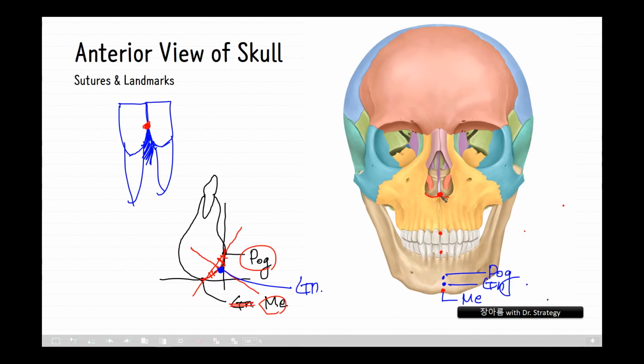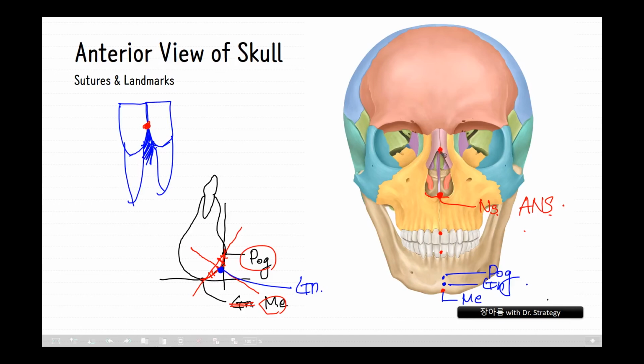So around here there will be nasospinale. It is commonly used with the same meaning as the anterior nasal spine. And the next, rhinion. Rhinion is the anterior tip of the end of the suture of the nasal bone. So this is the rhinion.